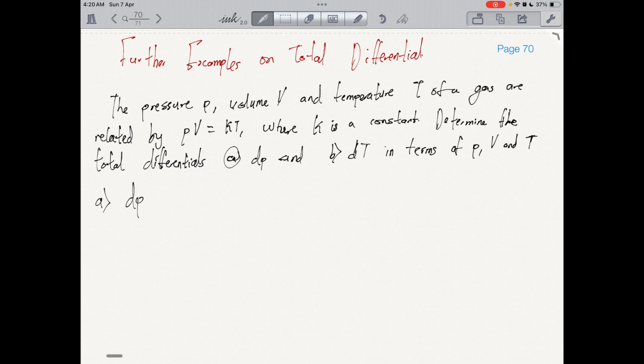Now, the first thing to do is to make P subject of the formula. Therefore, P is equal to KT divided by V. Remember that K is a constant.